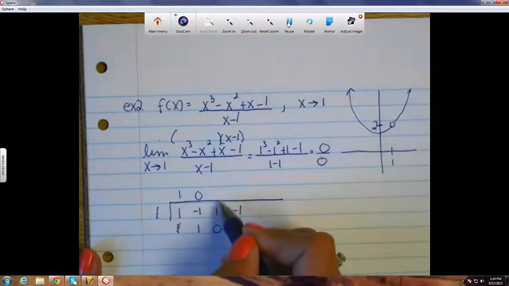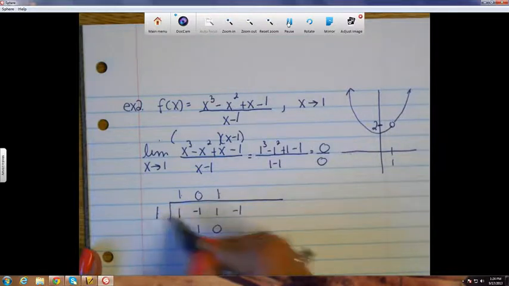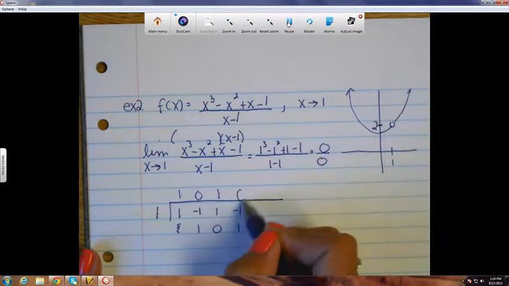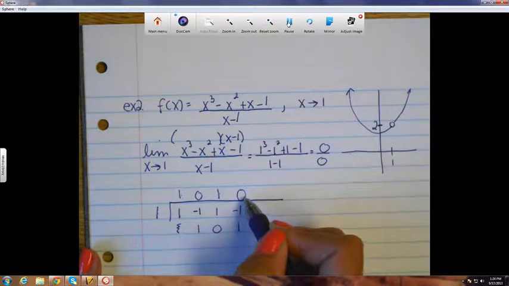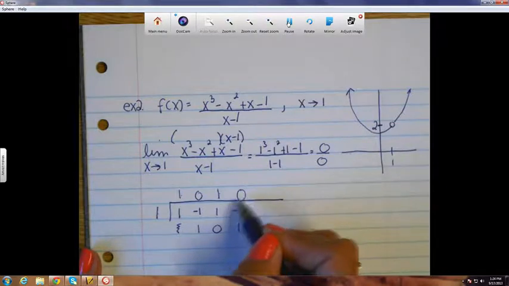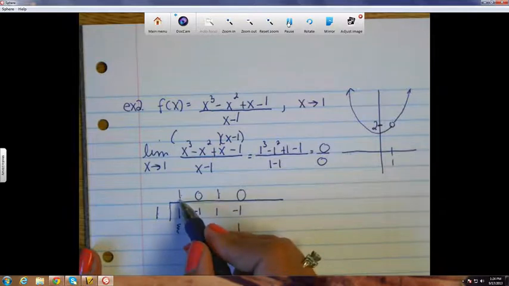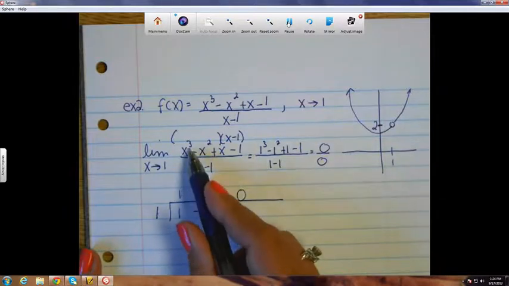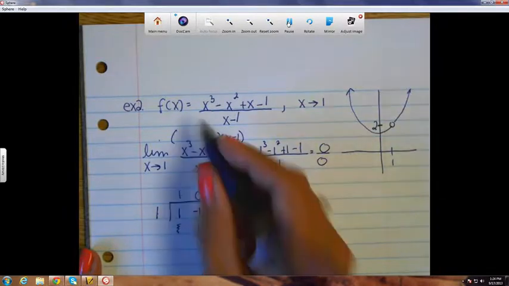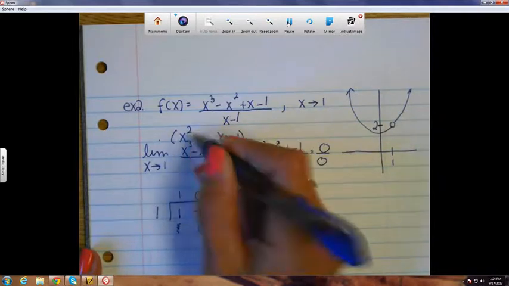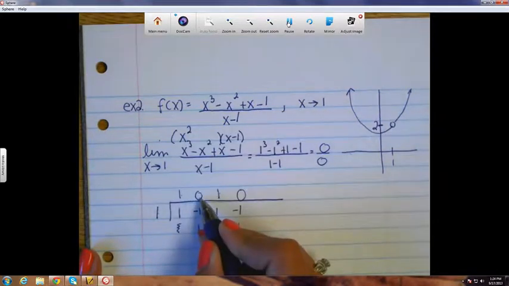Adding, I get 1. Multiplying, I get 1. Adding, I get 0. It has to go in evenly. That's why we're getting the 0 over 0. So if you don't get 0 here, you did something wrong. So the other factor starts out 1 less than what I'm dividing into. So that's 1x squared plus 0x, which I'm not going to write down, plus 1.